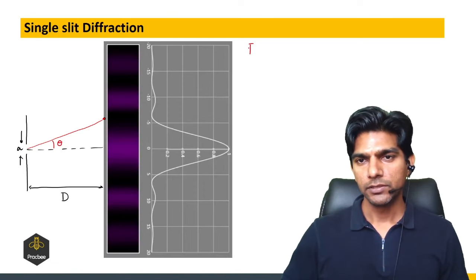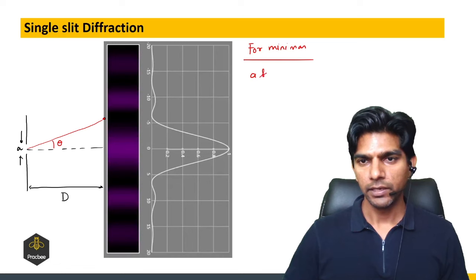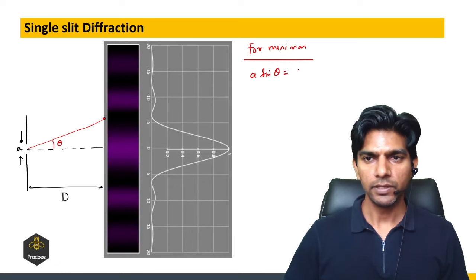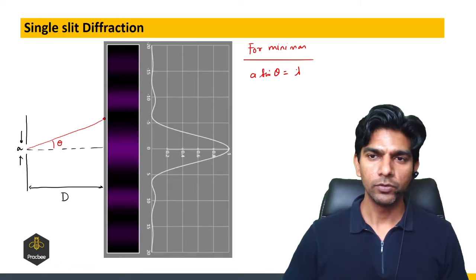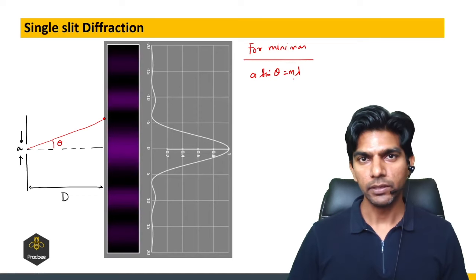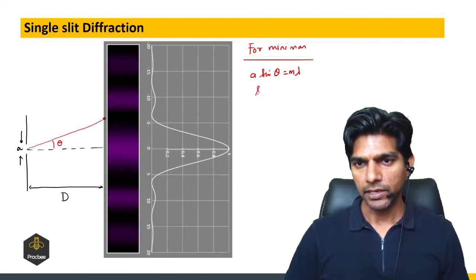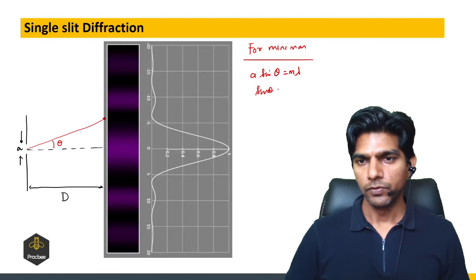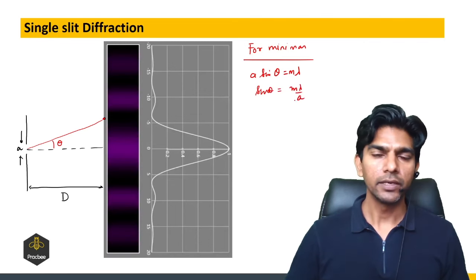Now for minima, a sine theta is given as lambda, or you can say m lambda, where m can be 1, 2, 3, 4, a natural number.